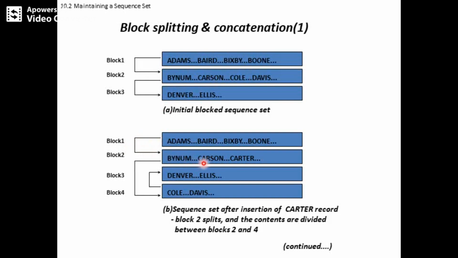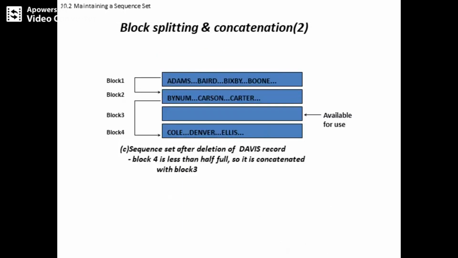Block 1 is obviously connected to block 2, then from block 2 we have divided it into block 4, so the connection will go to block 4. Then from block 4 we connect it back to block 3, because Denver comes after Davis. So obviously block 4 comes before block 3 here, right? So this is how you are going to do it.